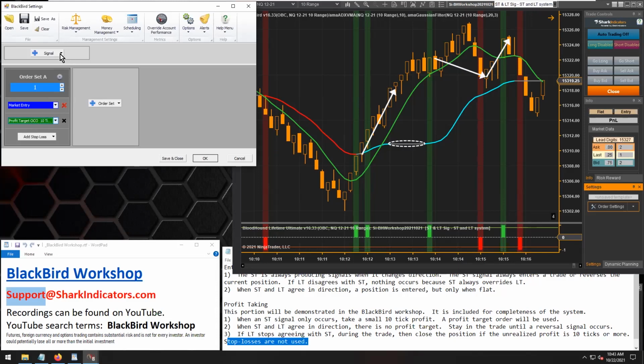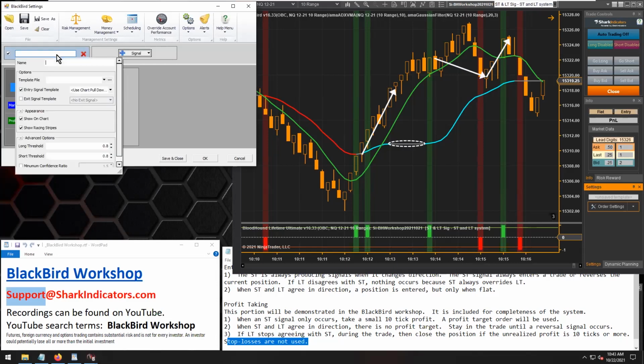But first, let's add the entry signal source here, which will be the BloodHound signals that were built in yesterday's workshop. So let's open this up. And the first thing you need to do is load in the BloodHound template file for the entry signals. So we'll use the ellipses button here with the 3 dots.